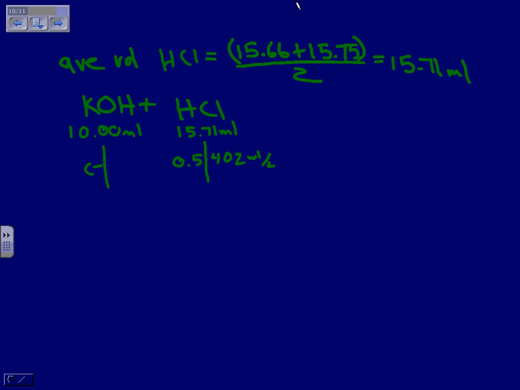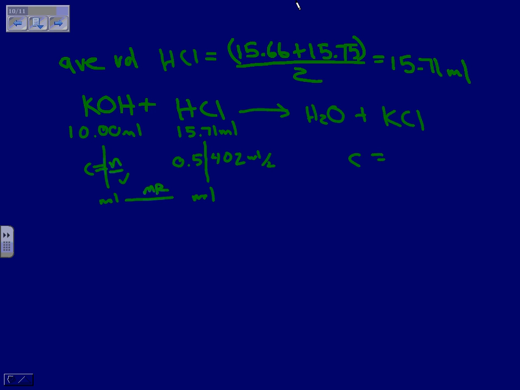And again, C equals n over V. Moles, mole ratio, moles. So this time we'll come around this way. And to complete it, to balance it, it's 1-to-1, 1 H to 1 OH. That gets us a KCl, so it's a 1-to-1.